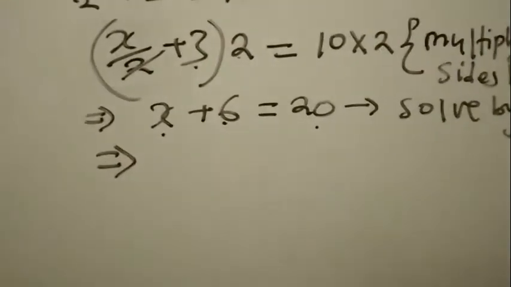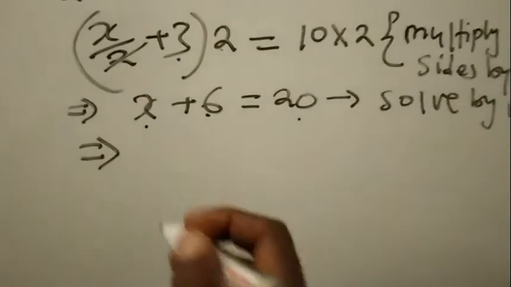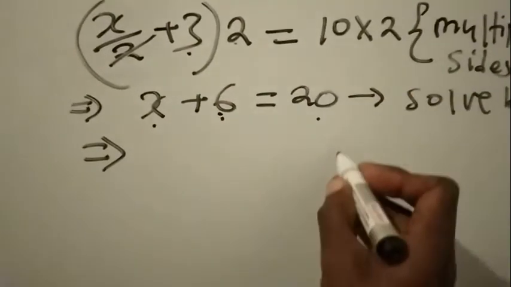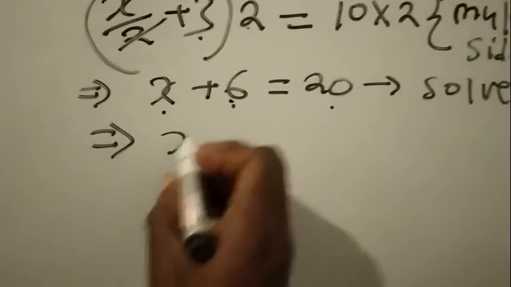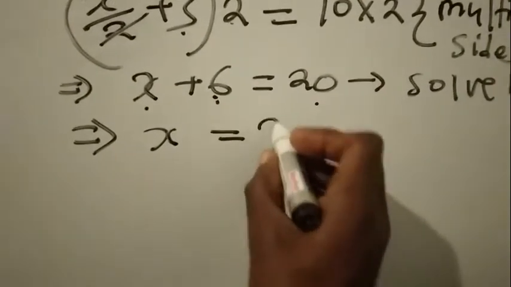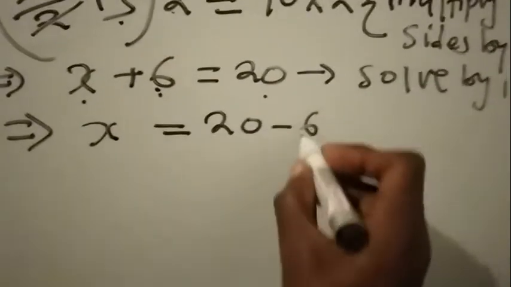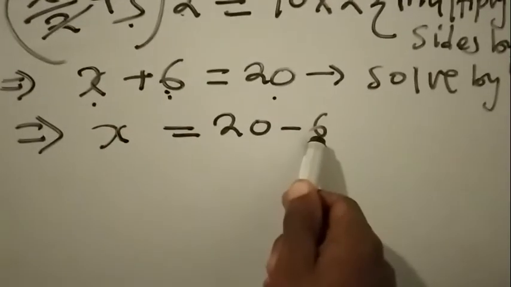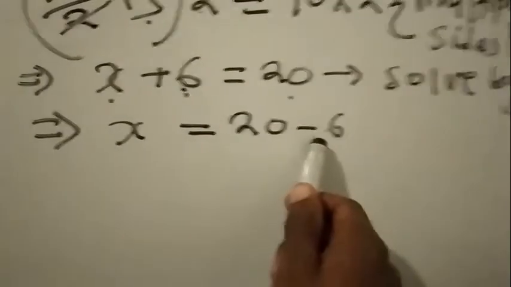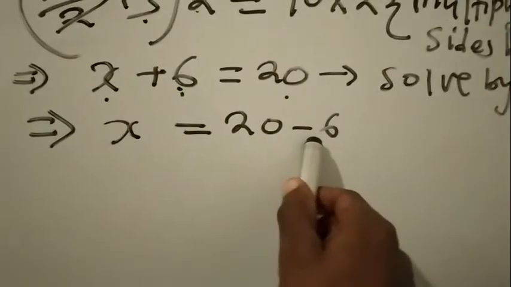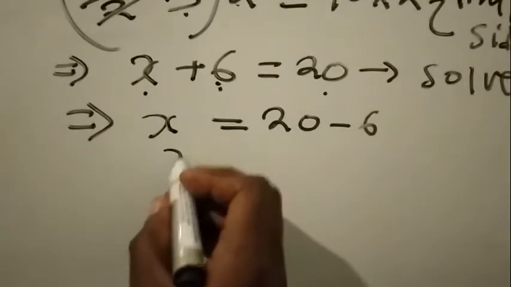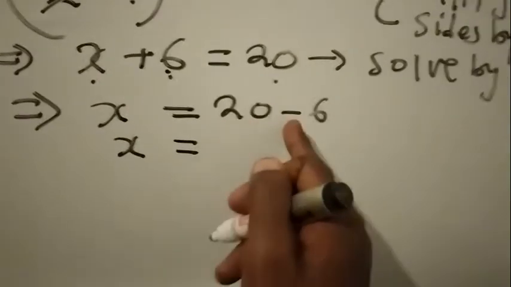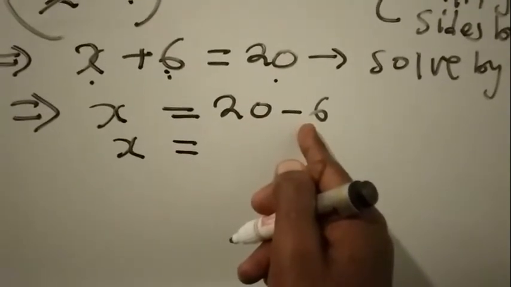Okay, so if you cannot figure out what that number is, all you can do is take this 6 to the other side of the equation, and this will become x equals 20 minus 6. Remember, since it is positive, when it crosses over, it changes its sign, okay? And that is negative. So therefore, x equals 20 minus 6.